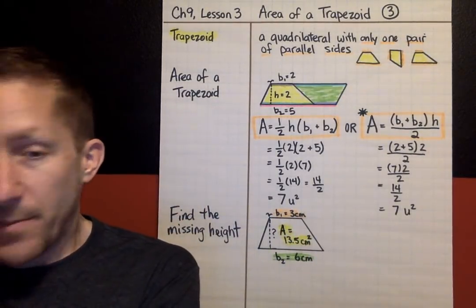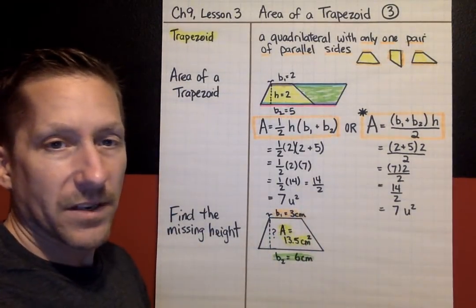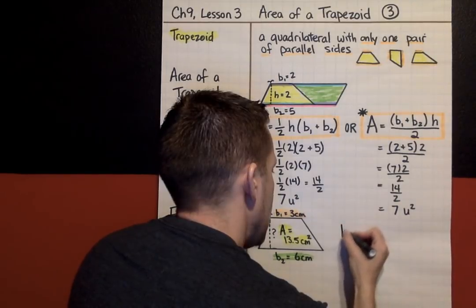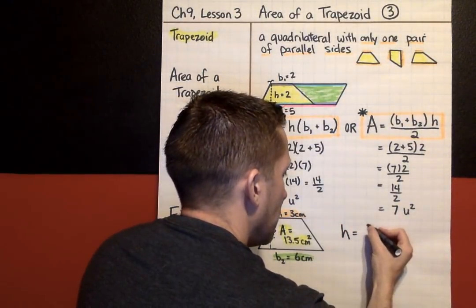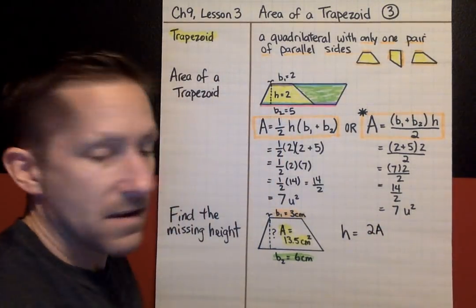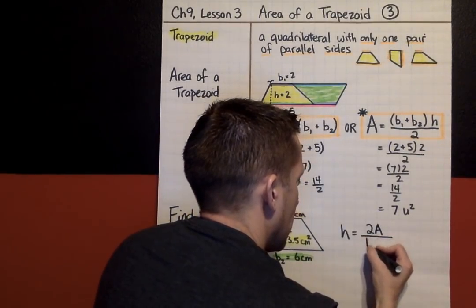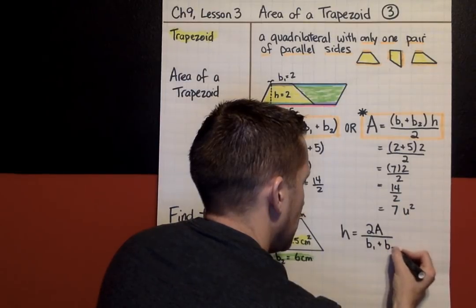All right, new formula to find the missing height. This is the formula that you're going to use. Height equals 2 times the area. So I'm going to write that as 2A over base 1 plus base 2.